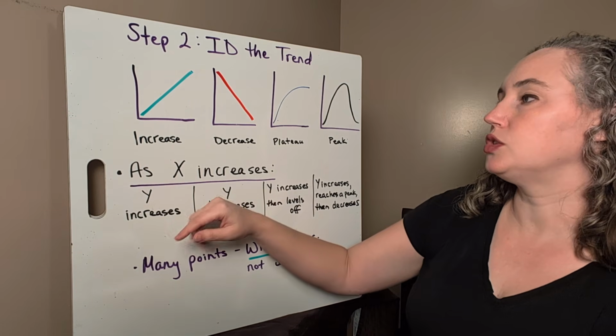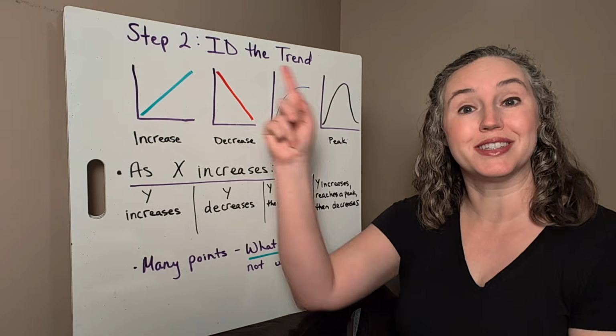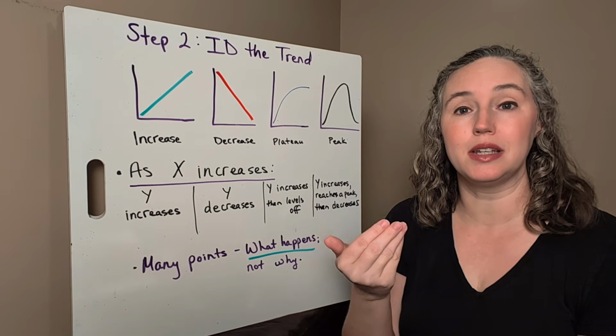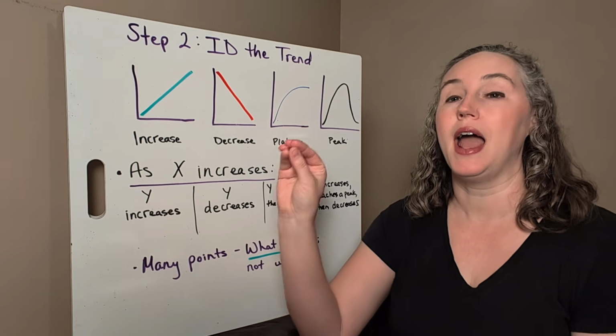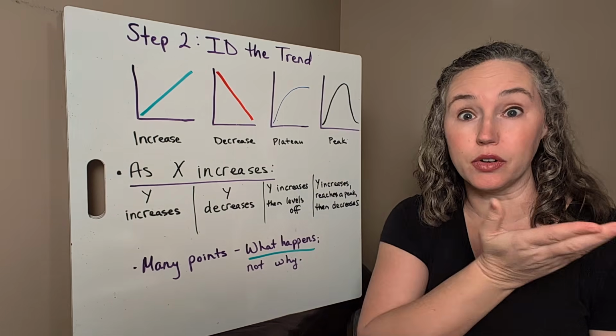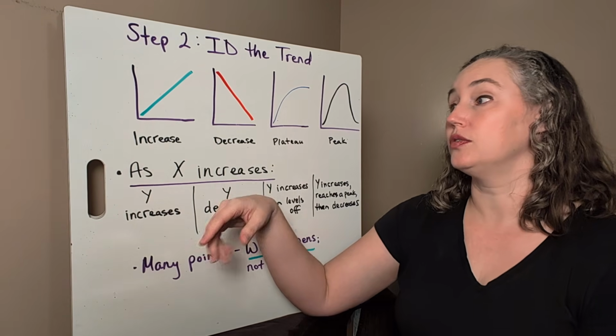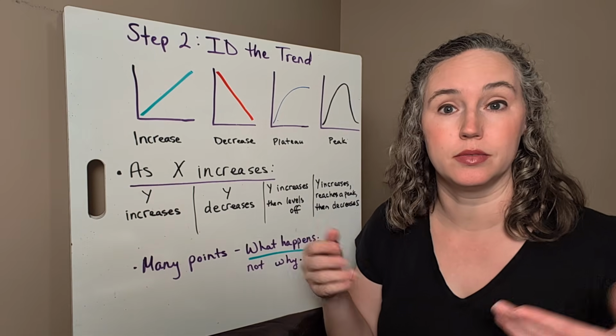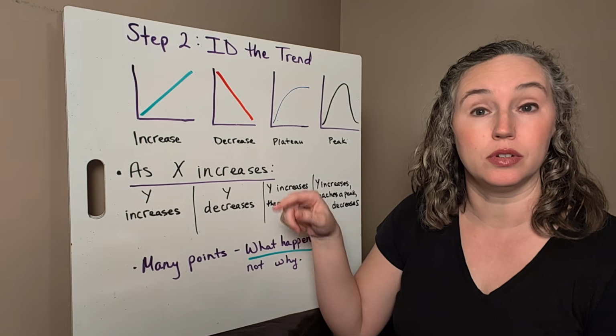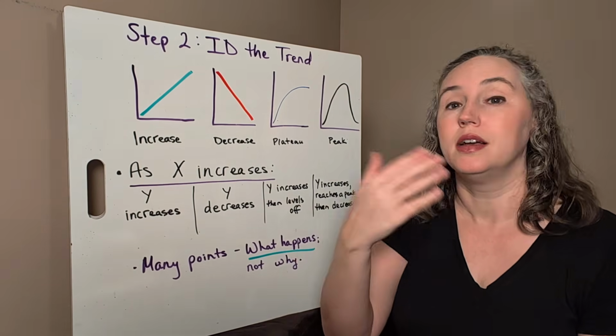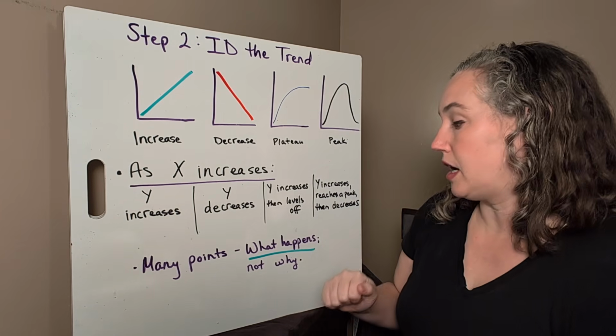But your ability to use words to describe the trend, it's really easy to word it as x increases, right? So as we go from left to right on the graph, y does what, right? Does it go up? Does it go down? Does it zigzag? Does it level? That's your job.